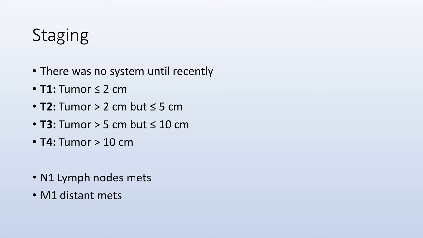Only about 10% of them do. And in terms of distant metastases, that can be the peritoneal cavity, the liver, the lungs, or the bones. So we've got a nice staging system for these tumors that will tell us how advanced the lesion is.